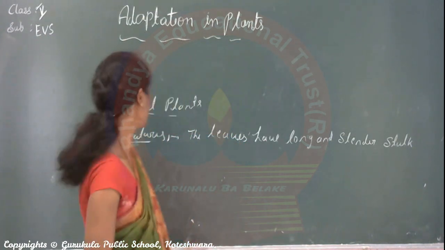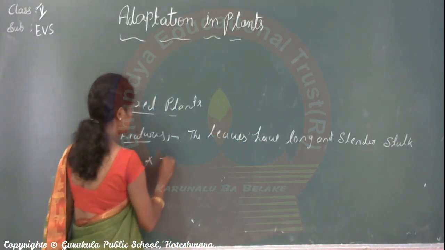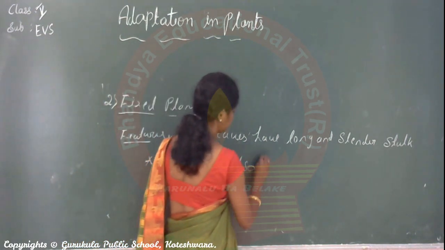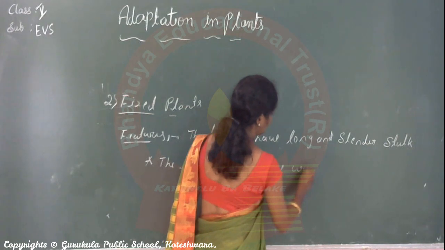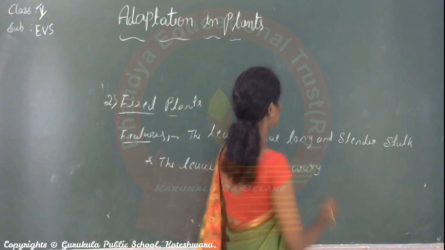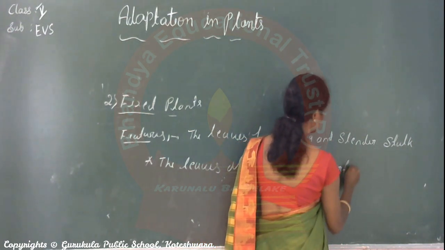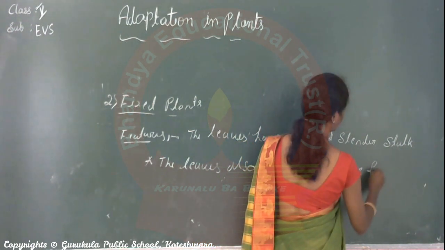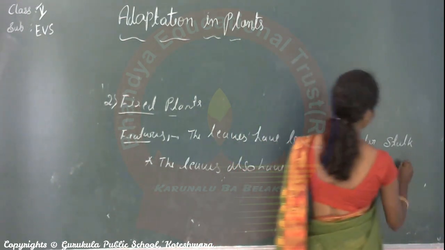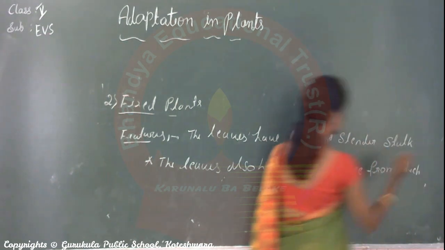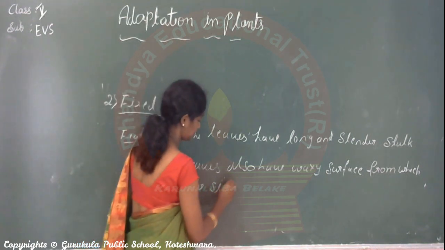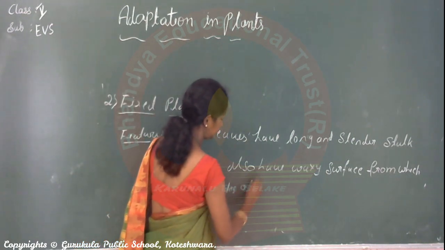The leaves also have a waxy surface from which water slides off.